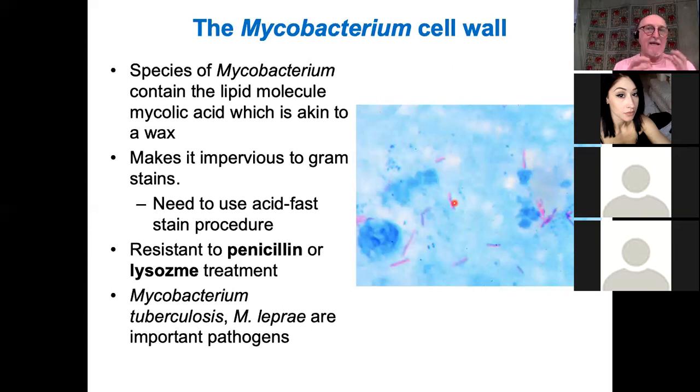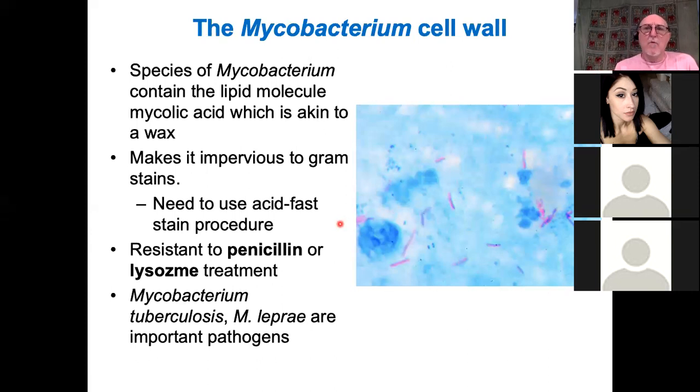And mycolic acid is actually a wax. And because of that, they are very difficult to stain. You can't take them through the gram stain because the stain just doesn't get into them because of this waxy coating around them. And so we have to use a special staining technique.